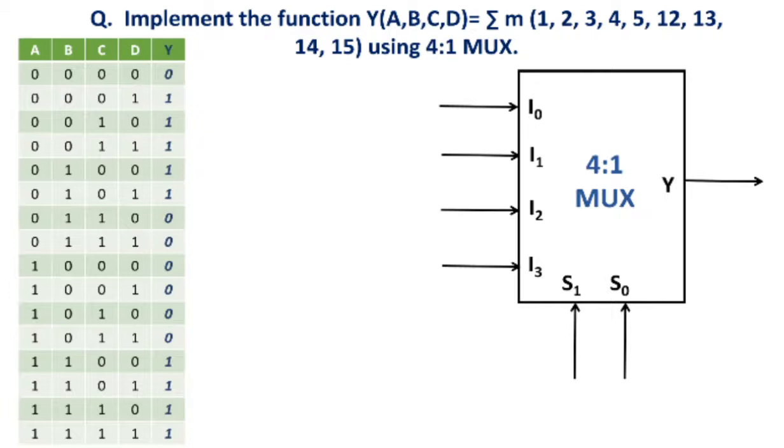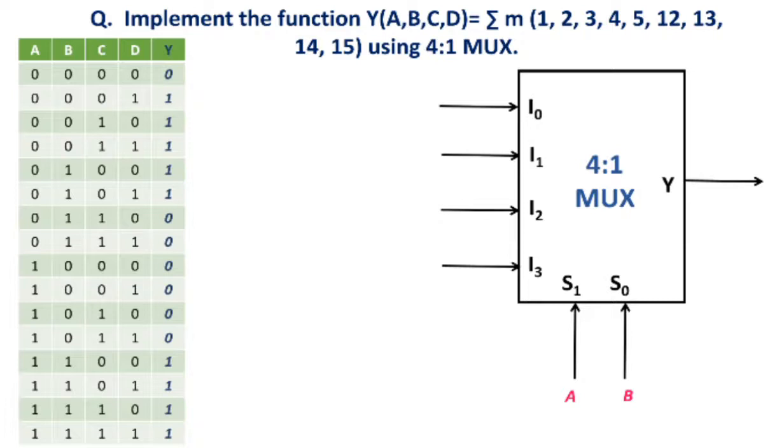So here we have 4 inputs, that is A, B, C and D, and 2 select lines S1 and S0. So out of the 4 available inputs, we can connect only 2 inputs to the select lines. So we'll connect the MSB of the inputs, that is A and B, to the select lines S1 and S0. So A goes to S1 and B goes to S0.